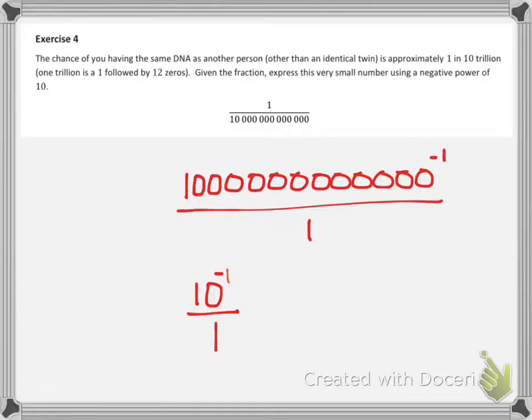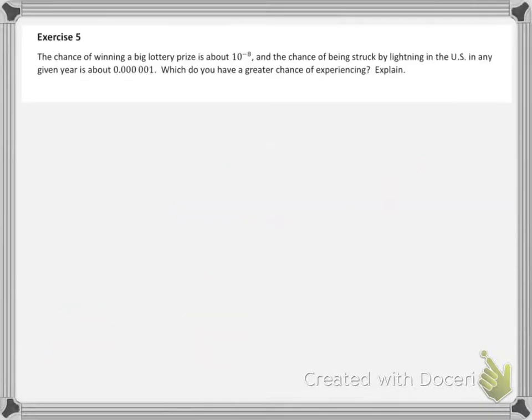This is actually to the 13th power, because we would have 12 zeros, 1, 2, 3, 4, 5, 6, 7, 8, 9, 10, 11, 12, and that 1 is also a digit, so that's 13. 10 to the negative 13 would be the same as what we originally had, which was 1 over 10 to the 13th power. So there we are, exercise 4.